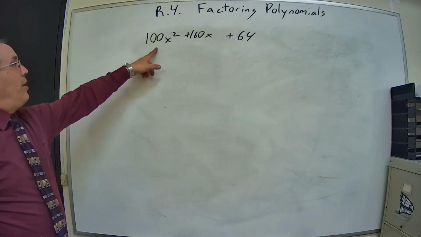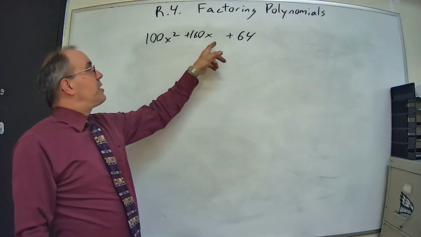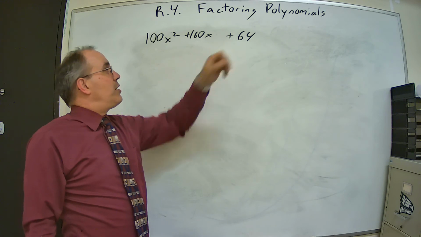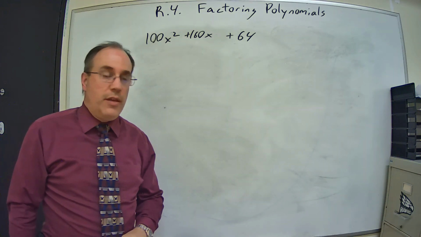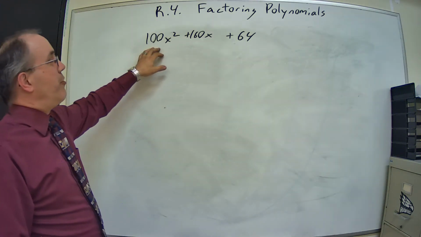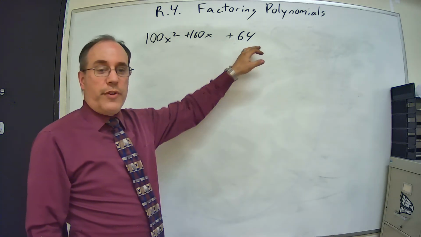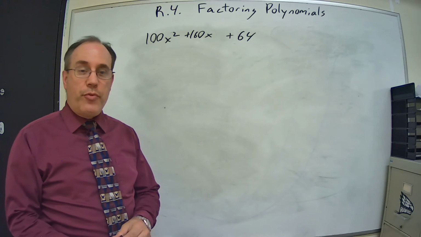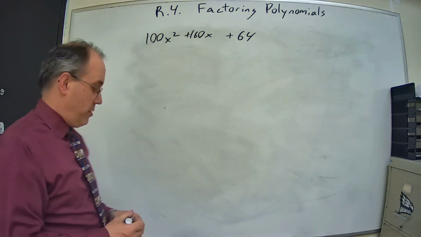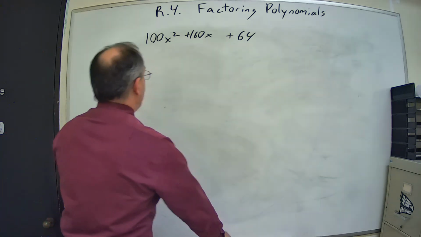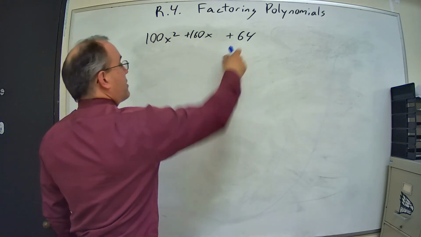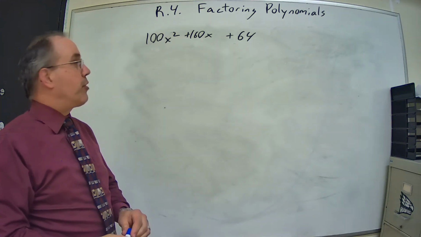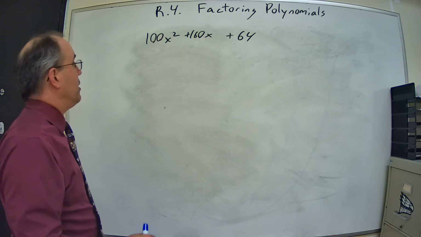So I've got 100x squared plus 160x plus 64. 100x squared, perfect square. 64, perfect square. But before we do that, remember, we always pull out the greatest common factor. And with 100, 160, and 64, the greatest common factor would be 4.